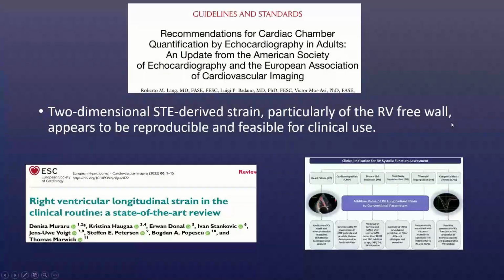And again, in this recommendation, this state-of-the-art review on RV strain suggested once again to obtain an RV-focused view. And again, we have to keep in mind that there is some angle dependency of the 2D strain technique. And also, the authors encourage us to assess the RV free wall strain.